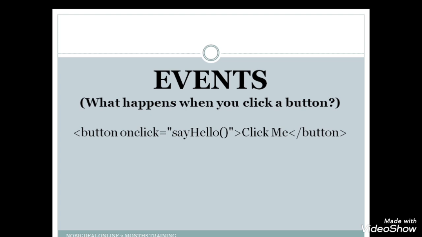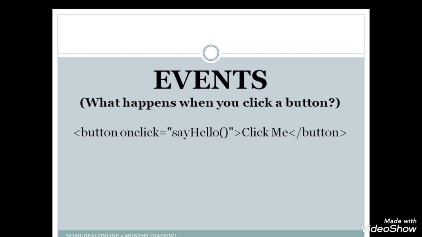So before you can use event, you need to create a function called say hello. Just like the way we create a function that pops up hello world. So this one too, if you want to make sure that when you click on say hello button, it displays click me, you might have created a function that does that.